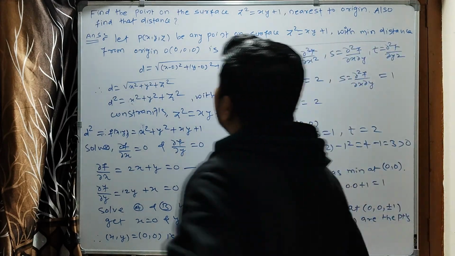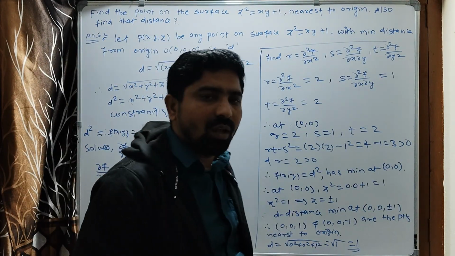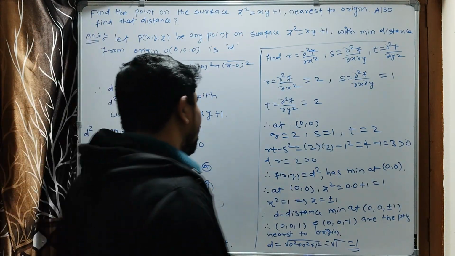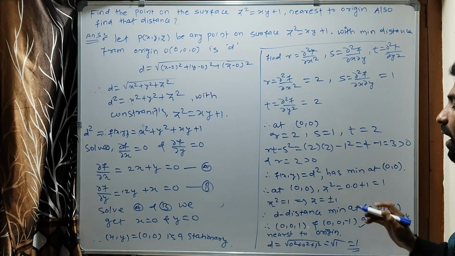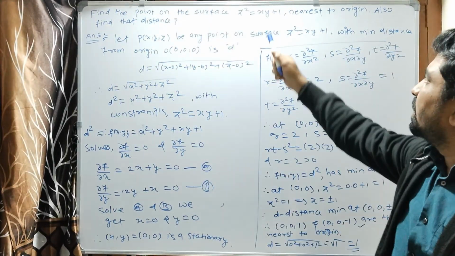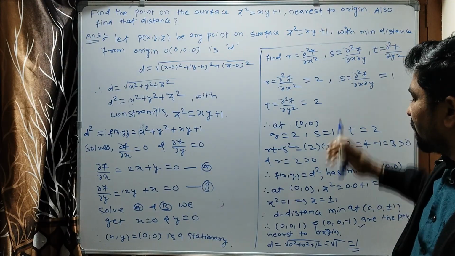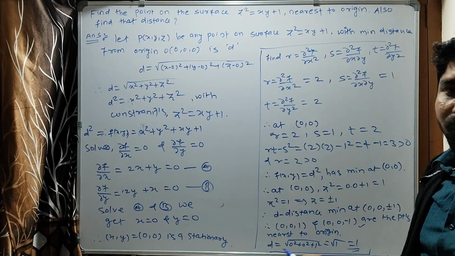The question says find the points on the surface z square equal to xy plus 1 which are nearest to the origin. So 0, 0, 1 and 0, 0, minus 1 are the points on the surface nearest to the origin, with the nearest distance from the origin being 1.